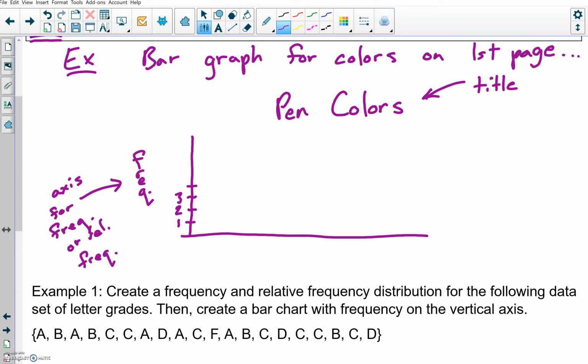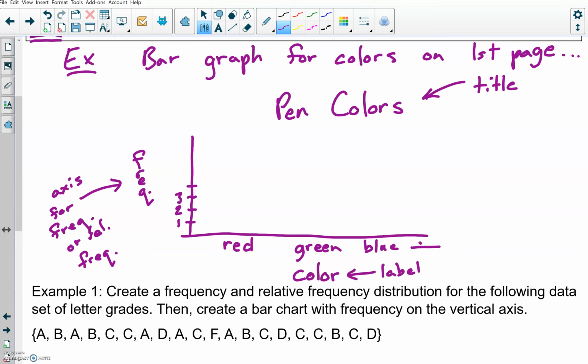And then down below, you're going to have a little label that lets people know what the different bar labels mean. Red, green, blue. Most people will be able to figure out that's colors, but it's not always that easy, depending on your study. So we're going to have red, green, and blue for the different bars, and you give a label for what those mean.